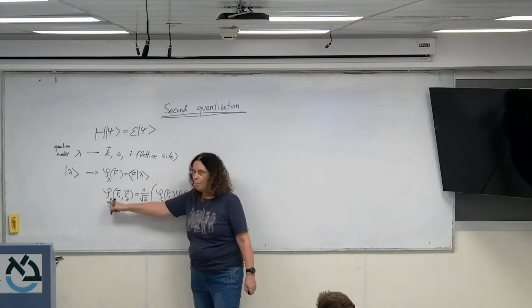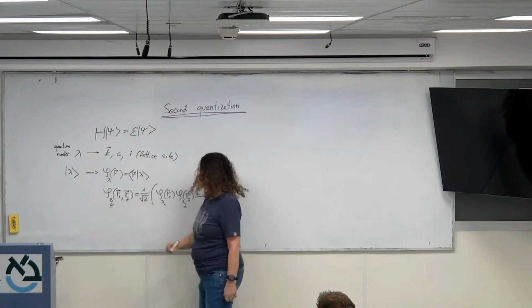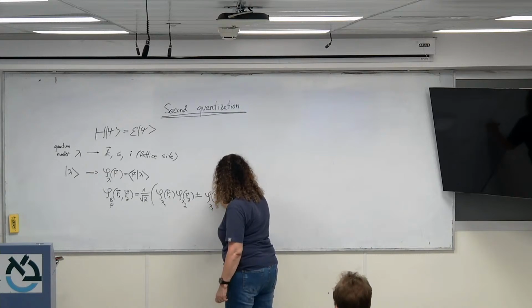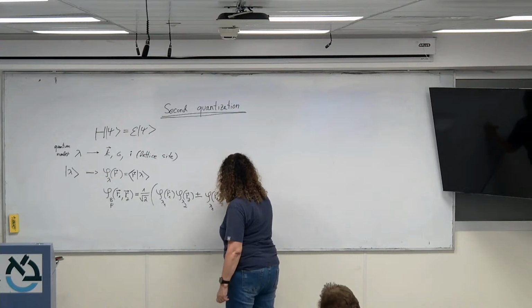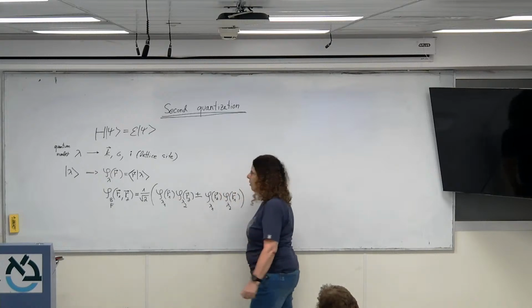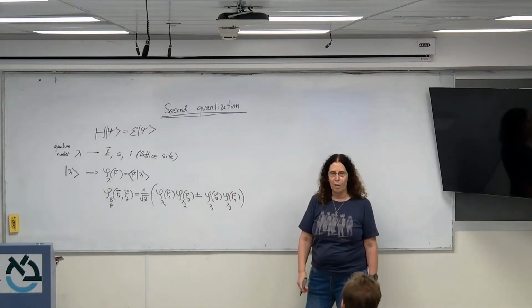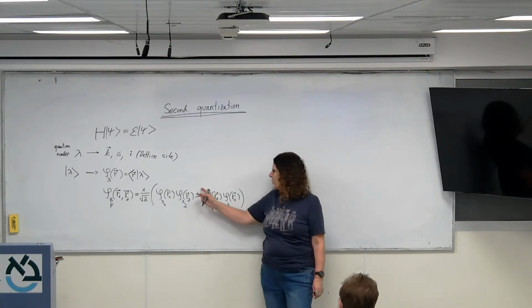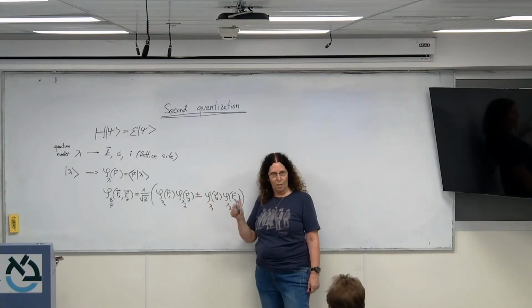The plus or minus depends on whether it's bosons or fermions. This is how it looks if I explicitly write it as a wave function. It's either a symmetrized or anti-symmetrized version.